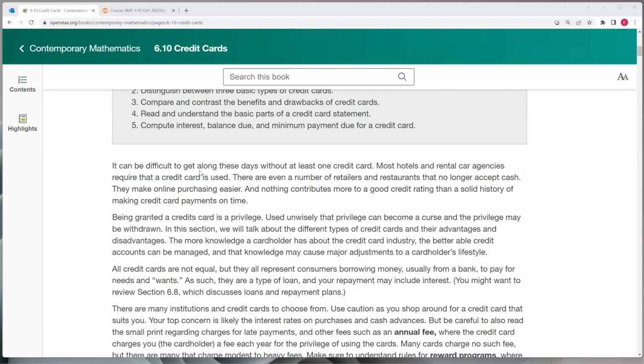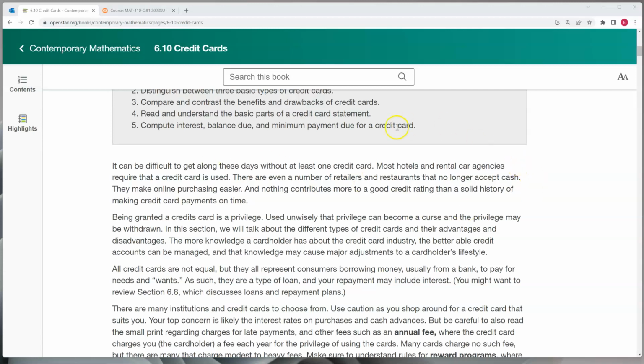So with the economy the way that it is, a lot of people find it very difficult to get along without at least one credit card. It's not impossible, it's completely doable, but many people rely on credit cards to get from one paycheck to the next, especially individuals who maybe only get paid once a month.